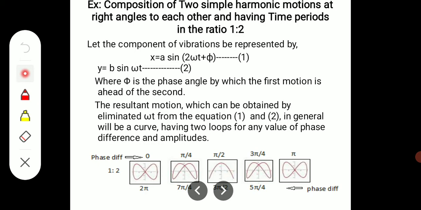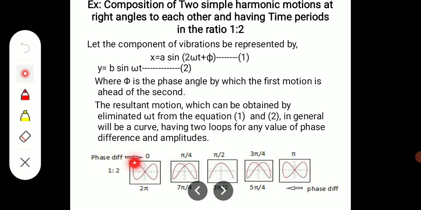Here we are simplifying equations 1 and 2. We get the equation. In general, we get a curve having two loops for any value of the phase difference and amplitudes.